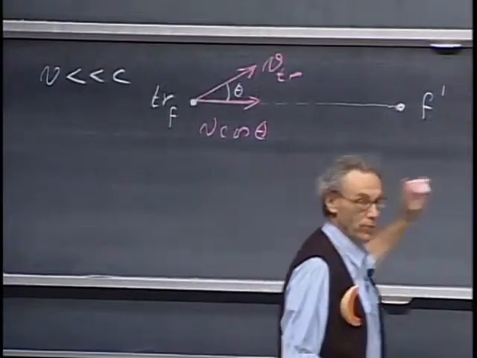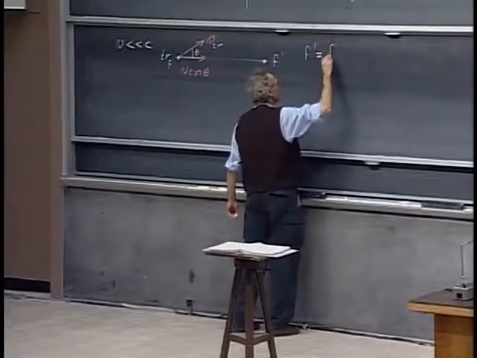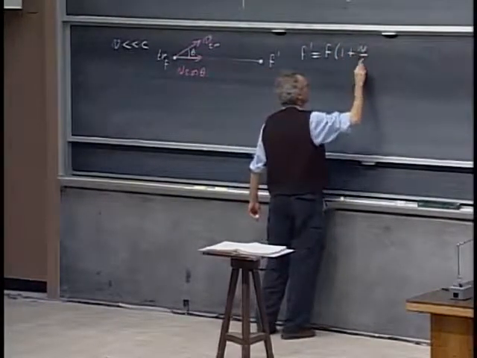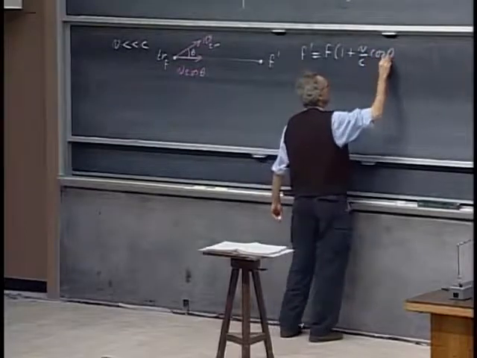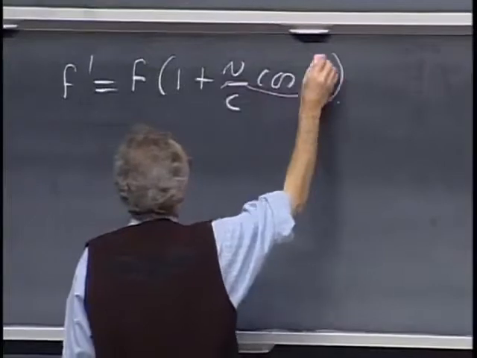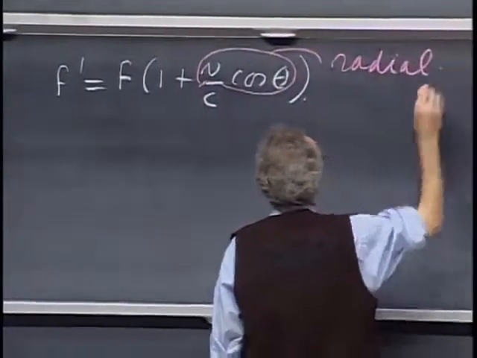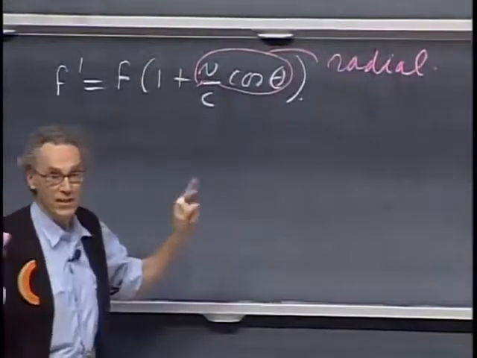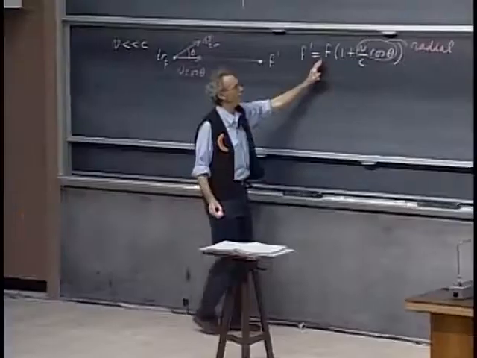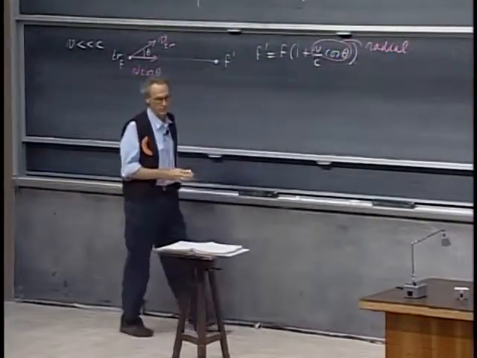If now we want to know what f prime is, then f prime equals f times 1 plus v over c times the cosine of theta. What matters is only the radial component of the velocity. If theta is 90 degrees, just like we had with sound, the cosine of theta is 0, and f prime equals f.